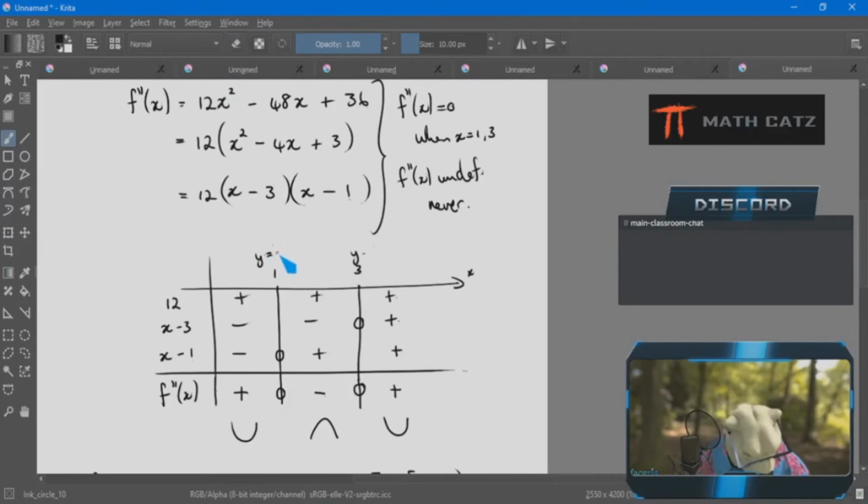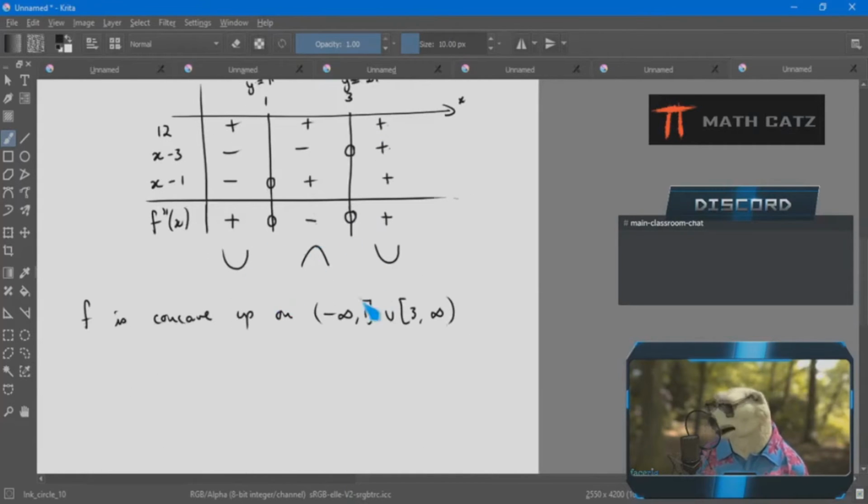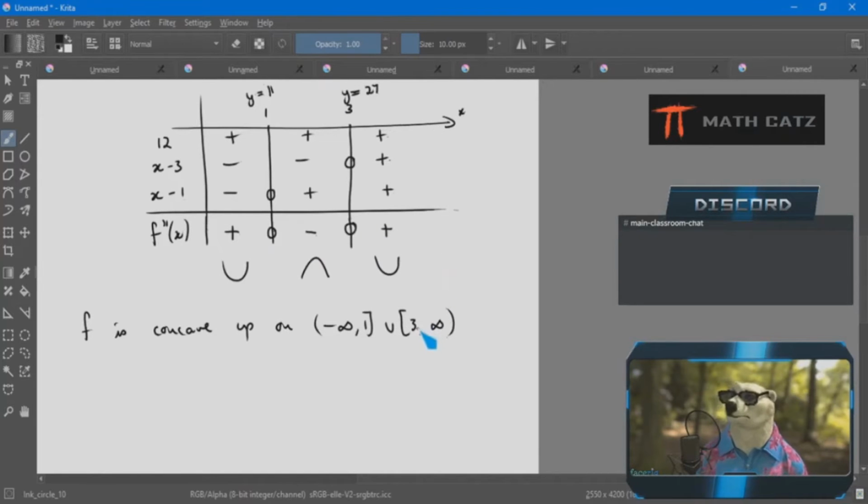When x is equal to 1, I get an 11. Correct me if I'm wrong here. And a 27 when x is equal to 3. So I get y values. I can include them. There are points, regardless of what the second derivative does. So again, just want to clarify, because I don't know what you're thinking. I'm totally guessing.